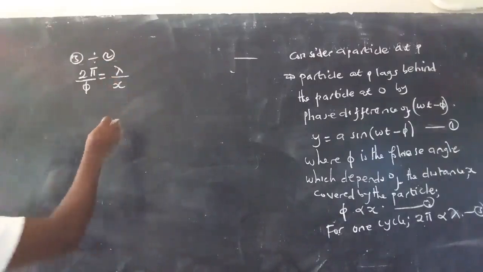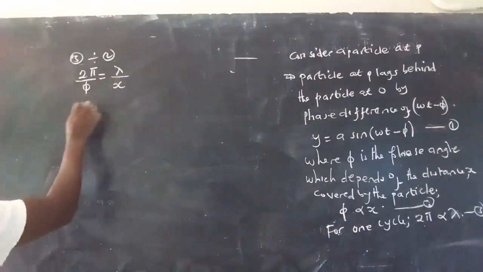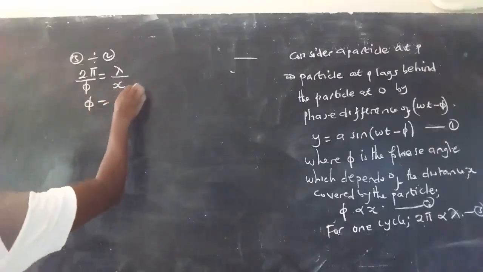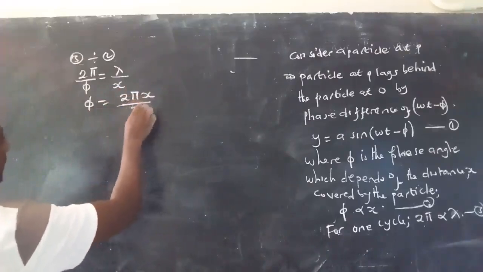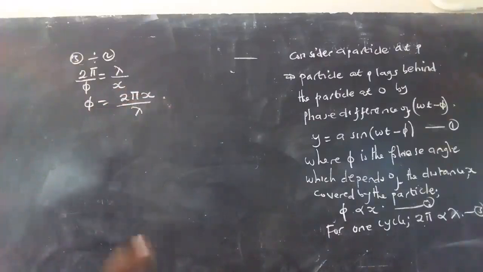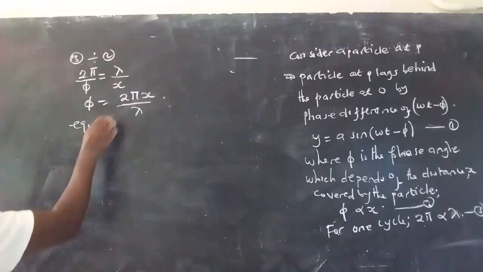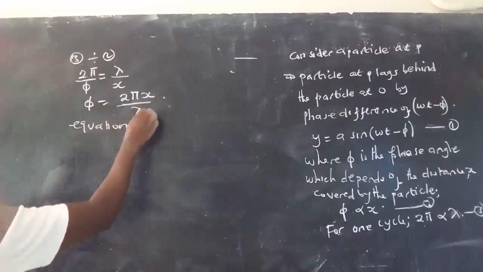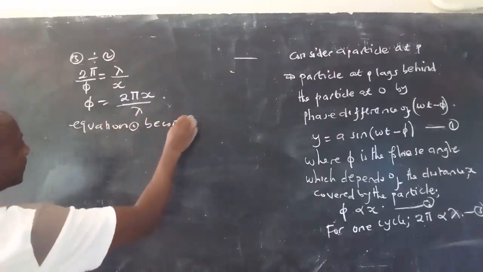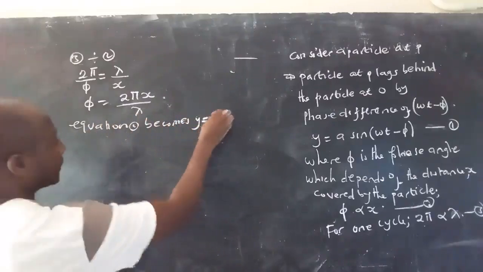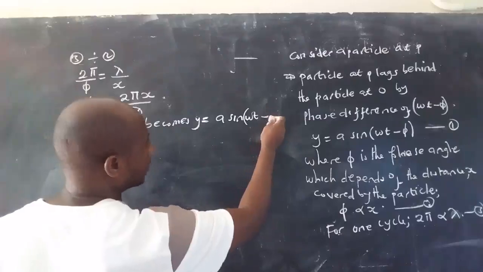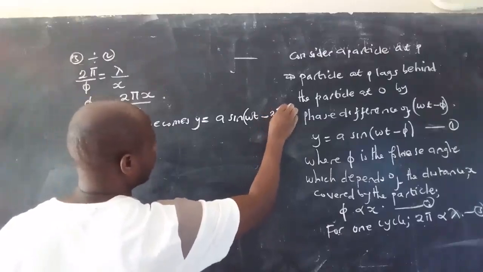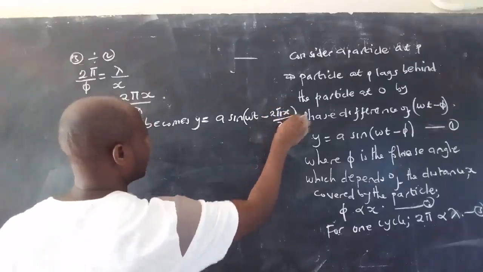That means phi is 2 pi x divided by lambda. So equation 1 becomes y is equal to a sin omega t minus 2 pi x over lambda.